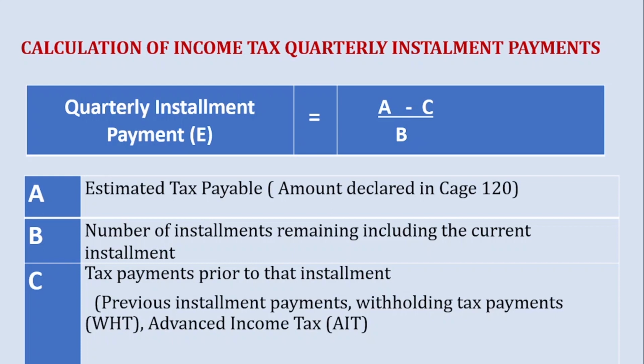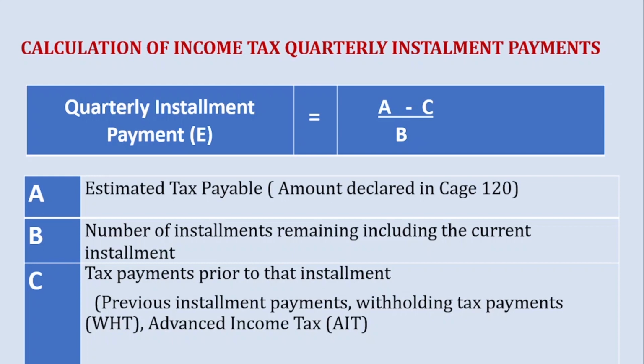To calculate the estimated tax payable, that is A, several steps should be considered. The first step is to classify the estimated income received and receivable during the year of assessment to the relevant source of income. The second step is to calculate the estimated assessable income and taxable income.